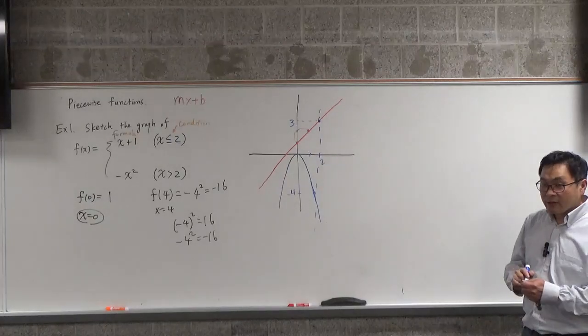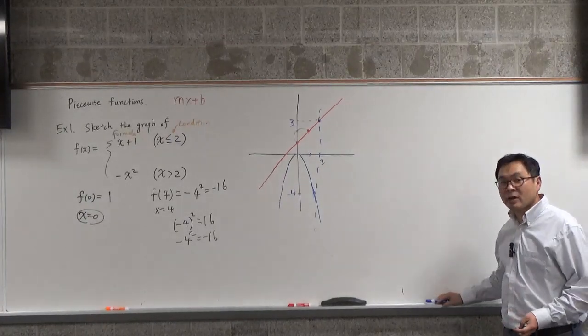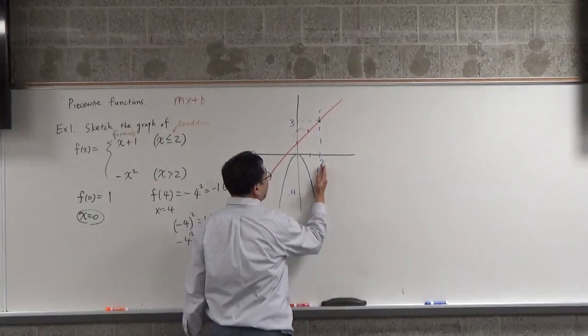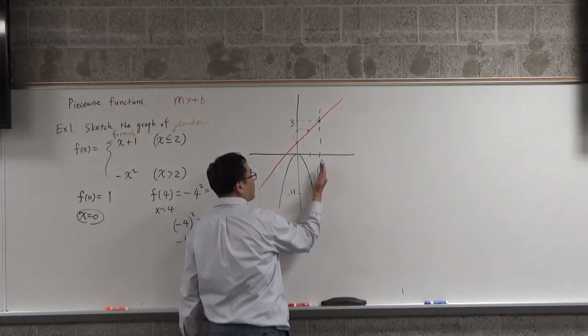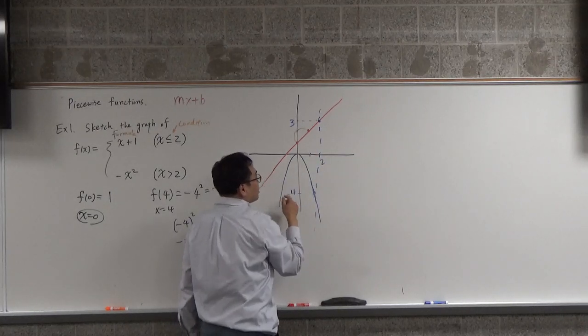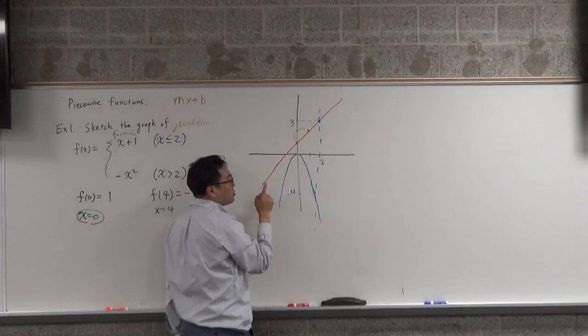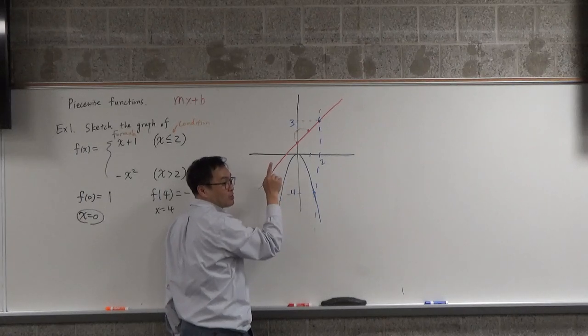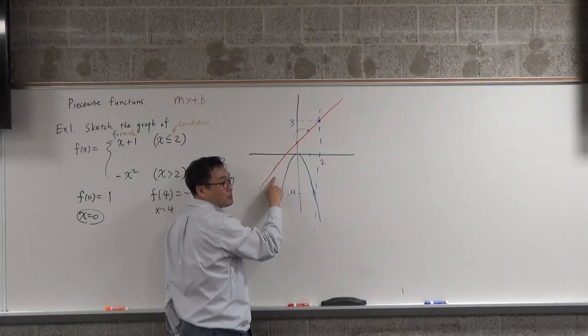So that's what you get. And then, now let's think about which one should be valid. Before x is 2, when x is less than 2, over on this side, which one should I erase and which one should I keep?